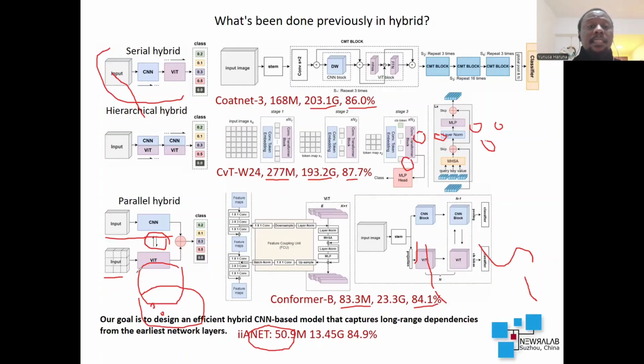As you can see in serial hybrid here, most of the time the CNNs capture the local details in the earlier network, and in the deeper network, it is the ViT that captures. So yeah, let's go and see our solution.